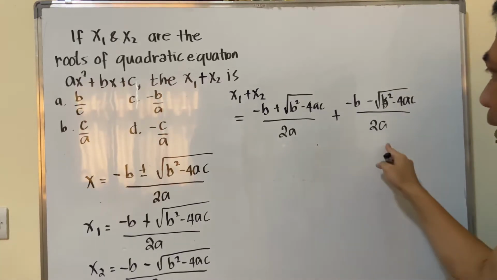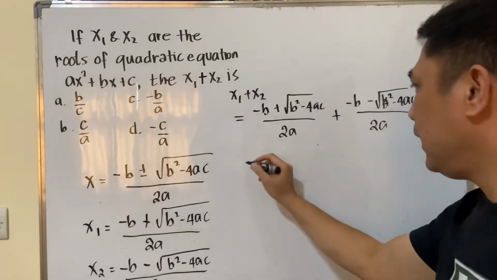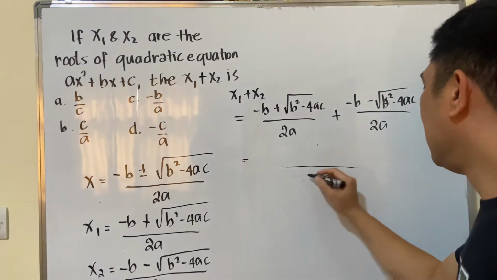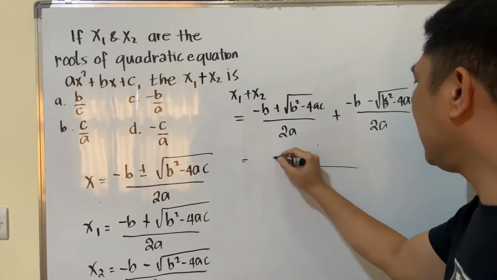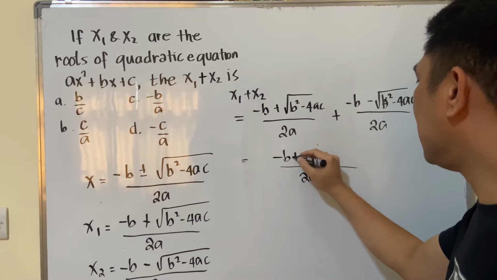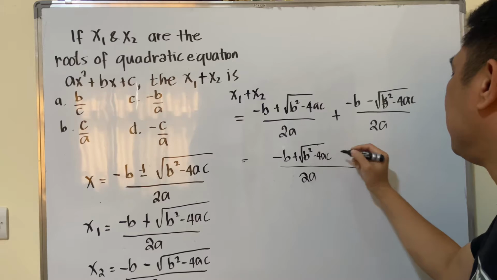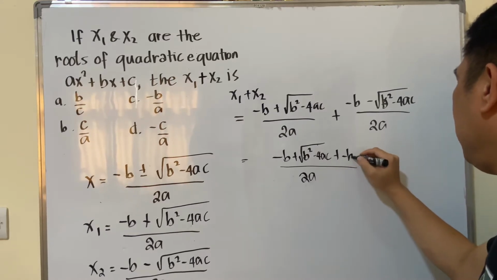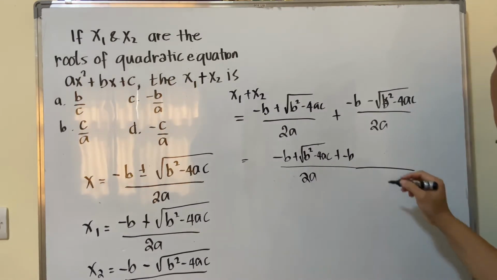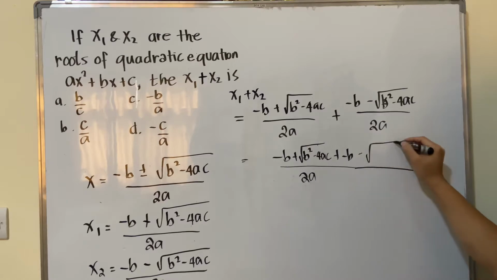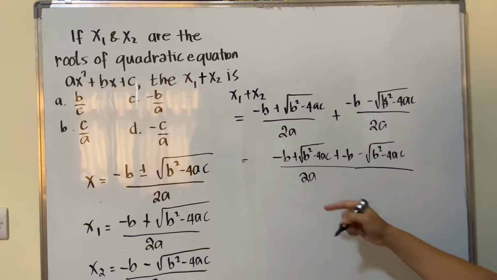I think we can add them since they have the same denominator, so we have 2a here. So negative b plus the square root of b squared minus 4ac, plus another negative b minus the square root of b squared minus 4ac, over 2a.